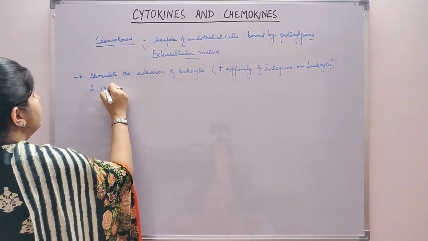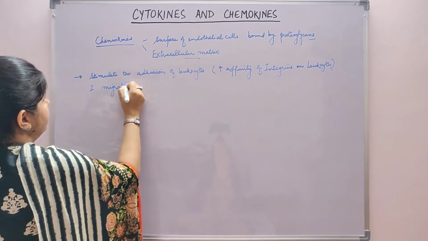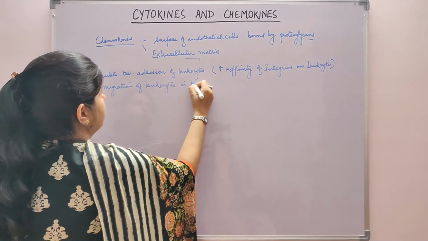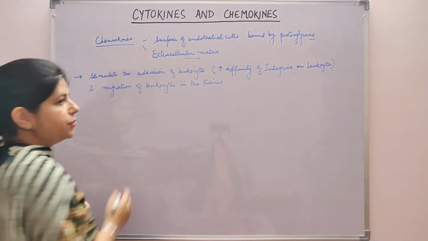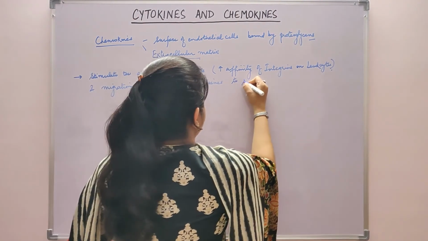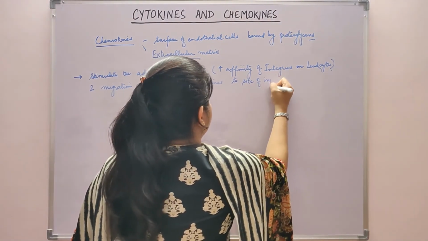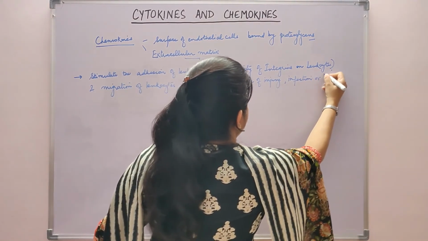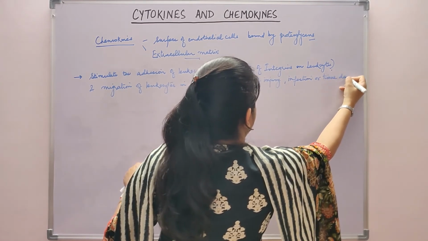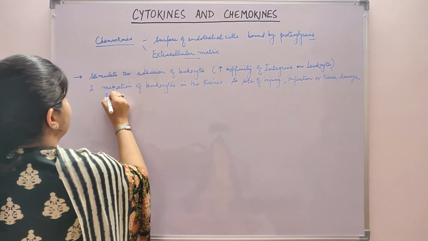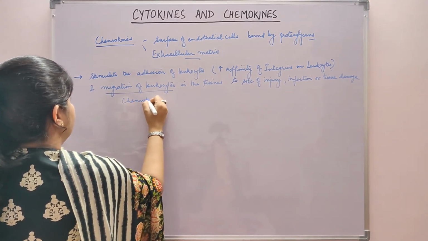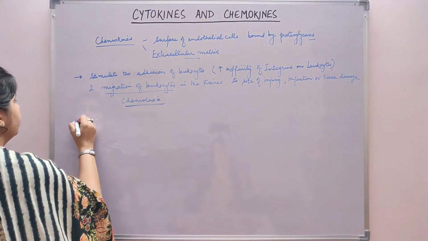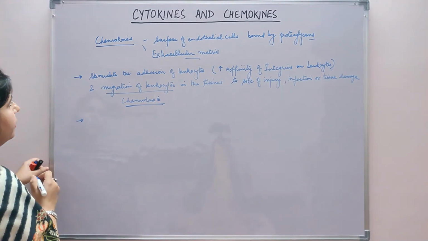And they stimulate the migration of leukocytes in the tissues to the site of injury, infection, or tissue damage, and this is chemotaxis: locomotion along a chemical gradient.